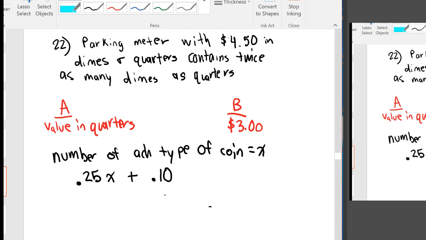So let's erase this. Number of quarters is x, and the number of dimes is 2x.